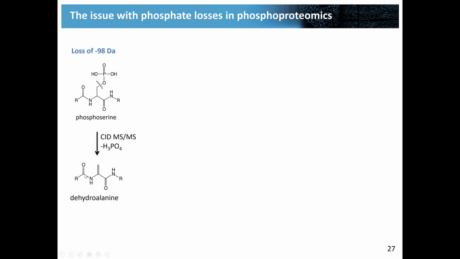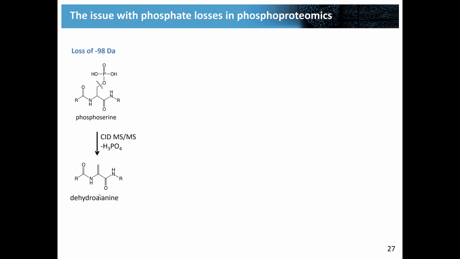What can happen with phosphopeptides if you fragment them is that this bond here between this carbon and this oxygen actually breaks, and then you will generate a dehydroalanine amino acid at this position. Right? And when I saw this initially, I thought, wow, that's cool. I can use these neutral loss phosphopeptides because they are generating an unnatural dehydroalanine amino acid.